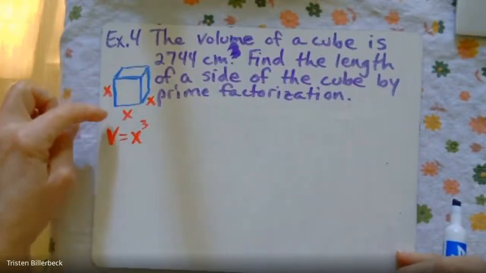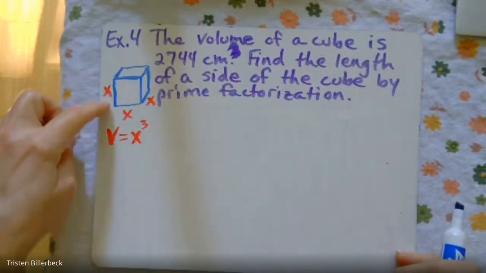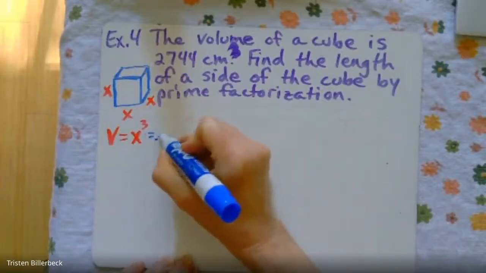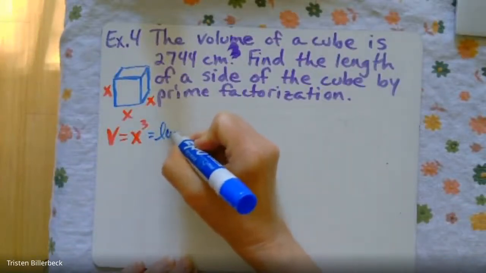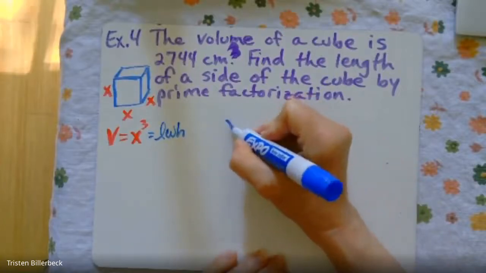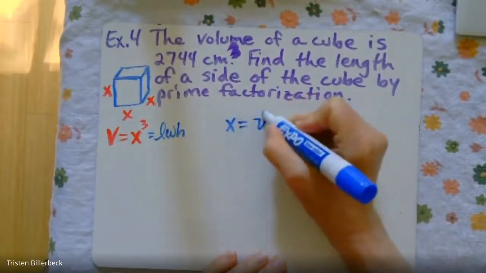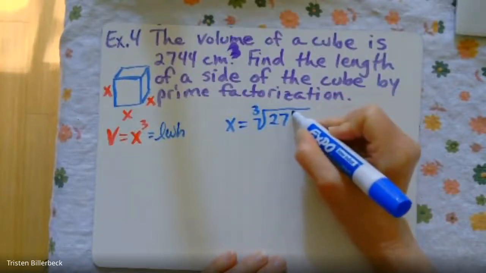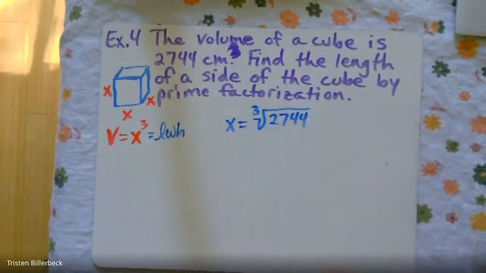So what we have is the volume of the cube is x times x times x, otherwise known as length times width times height. But since it's a cube, all of them are the same, and they're x. So what we're looking for is x is the cube root of 2,744.